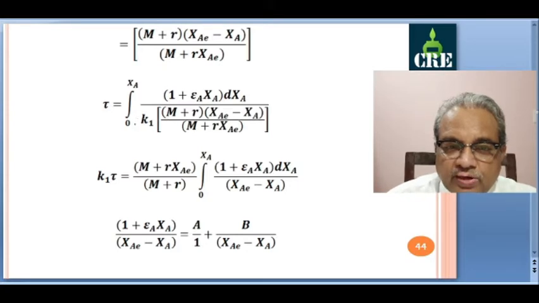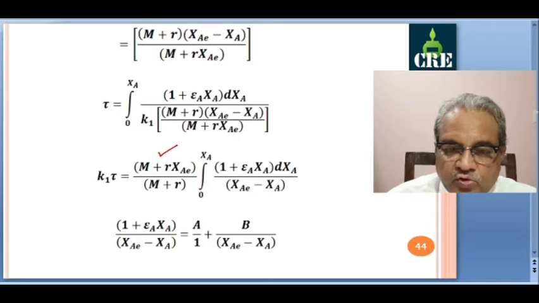So K1, if I transfer on this side now, K1 tau, and m plus r xae by m plus r, this I am taking outside, so this goes in the numerator, this comes in the denominator. So all are constants: xae is constant, r is constant, m is constant. Variables under the integral sign: 1 plus epsilon a xa, and in the denominator you have xae minus xa.